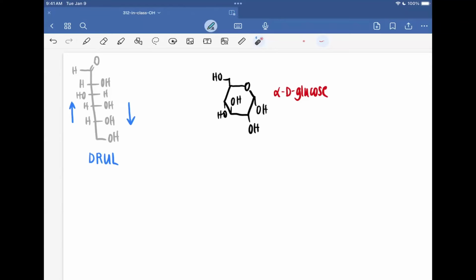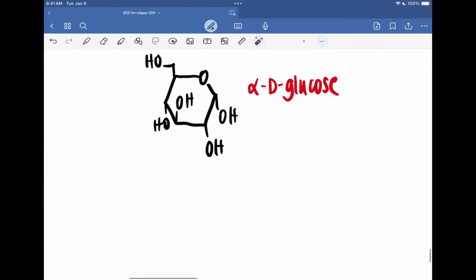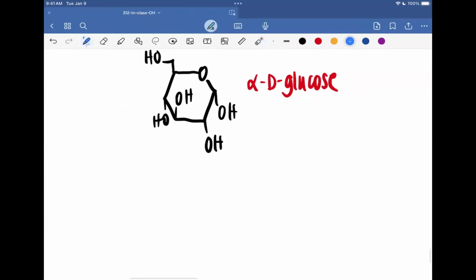So we're going to be using our Haworth projection to discuss the glycolysis pathway, where our first step is one that is irreversible and is catalyzed by an enzyme called hexokinase.